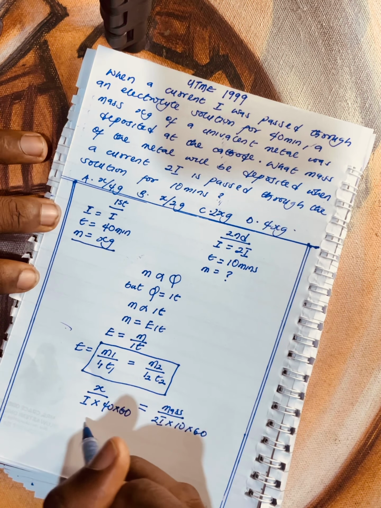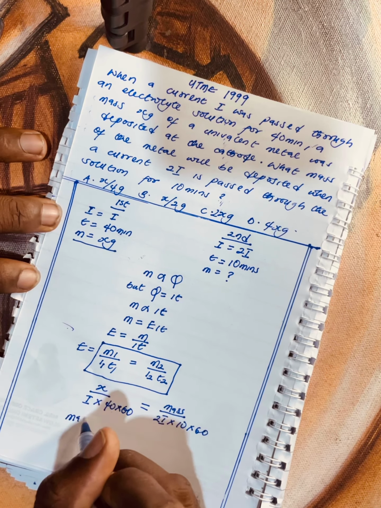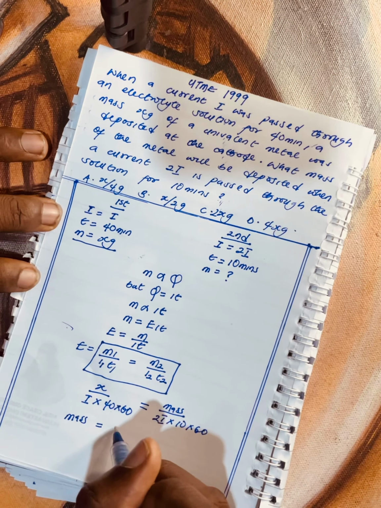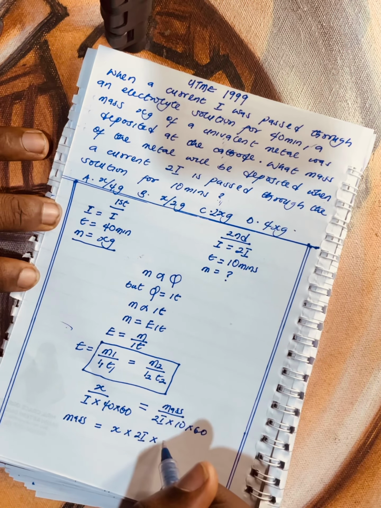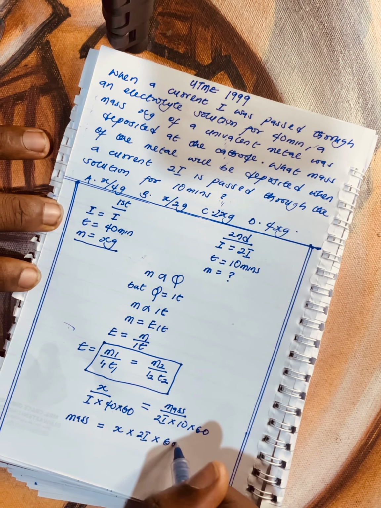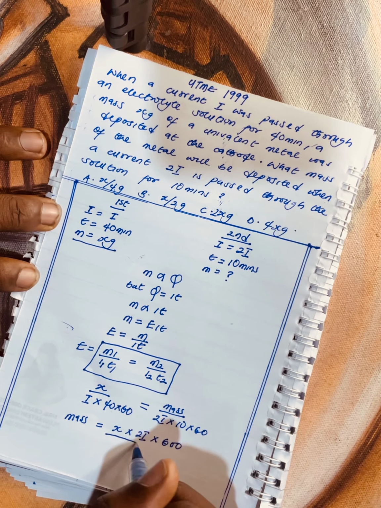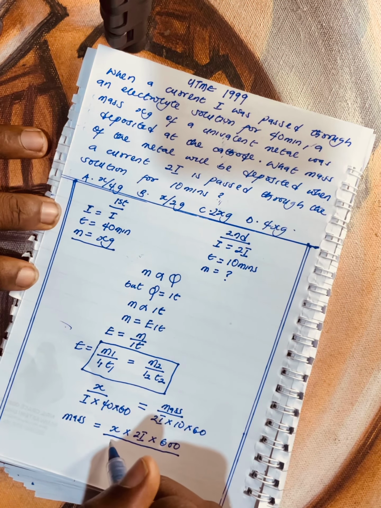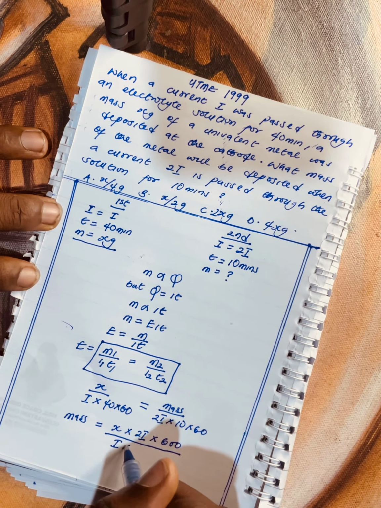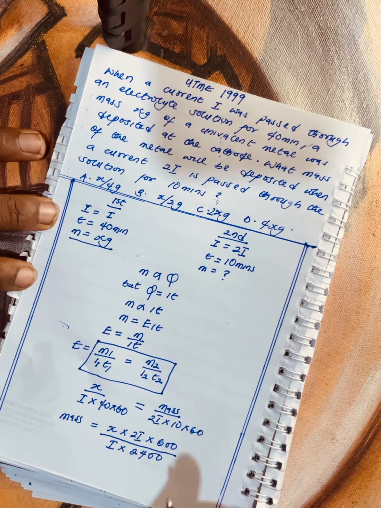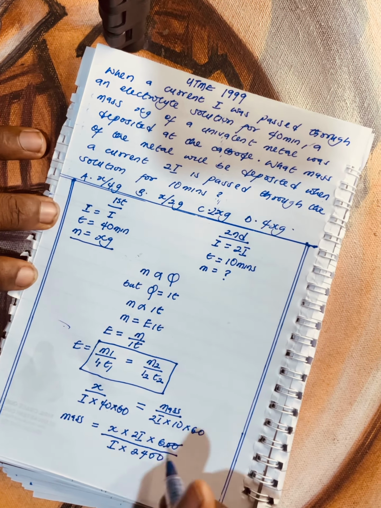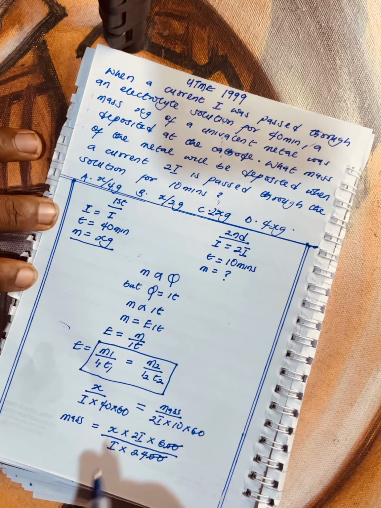So we would have mass is equal to x times 2I times 600 all over I times 2,400. So these two zeros take care of these two zeros.